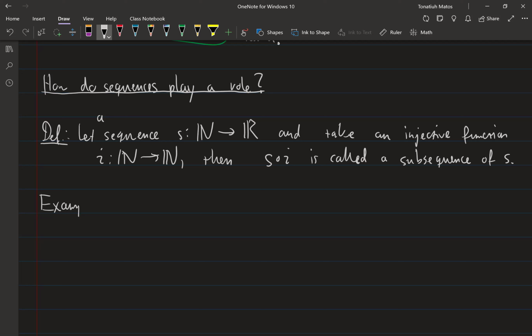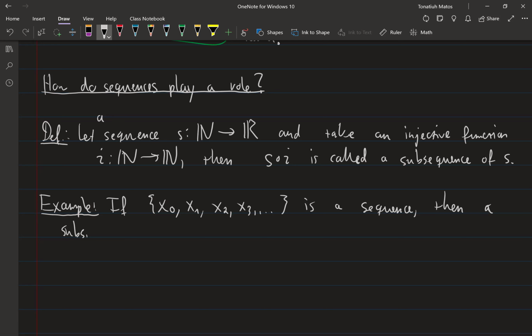Now, this might be a bit more formal than we need. If x0, x1, x2, x3 is a sequence, then what could be a subsequence?